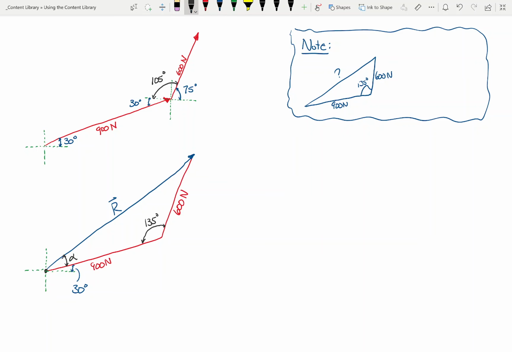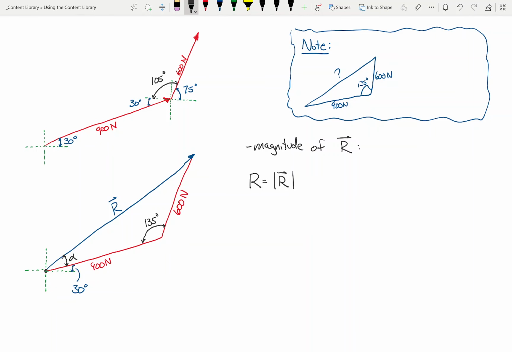And so I propose the magnitude of R we can find using the law of cosines. Now, a little bit of notation. When I write R, just R by itself, that means the magnitude of the vector.